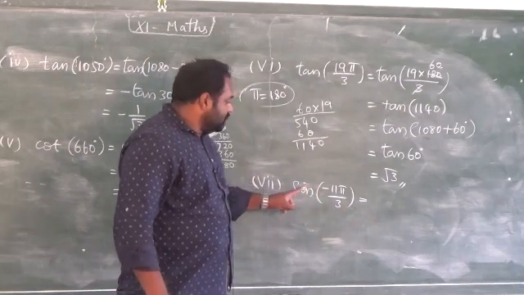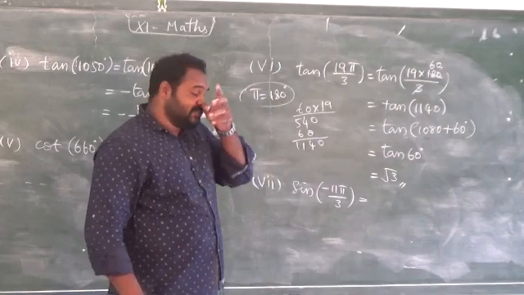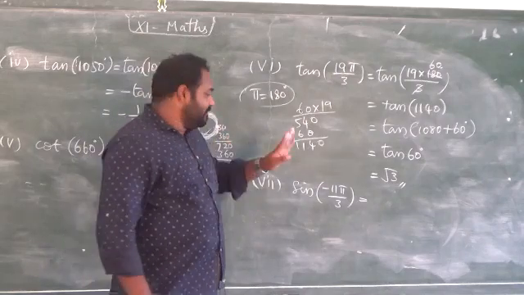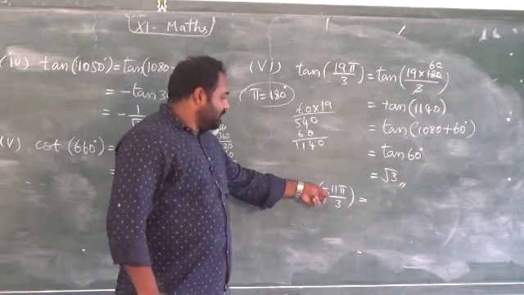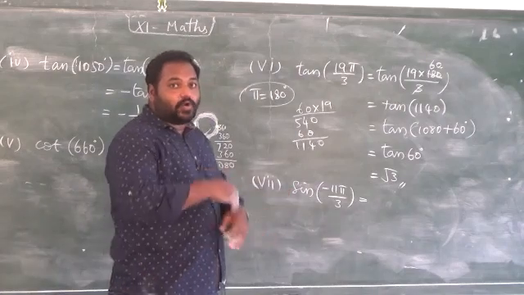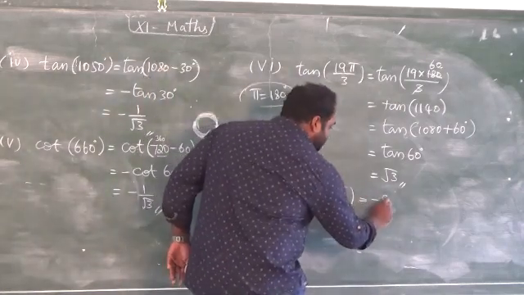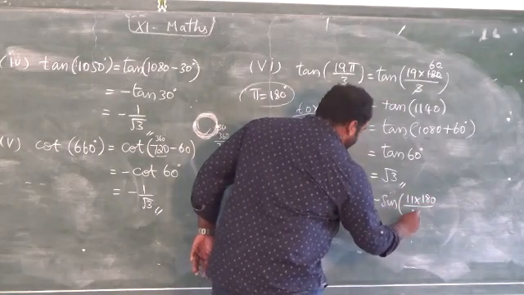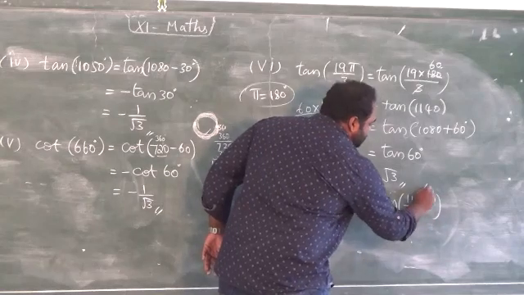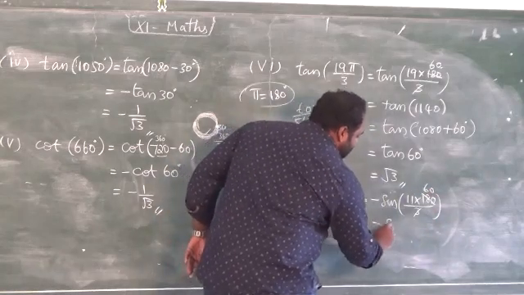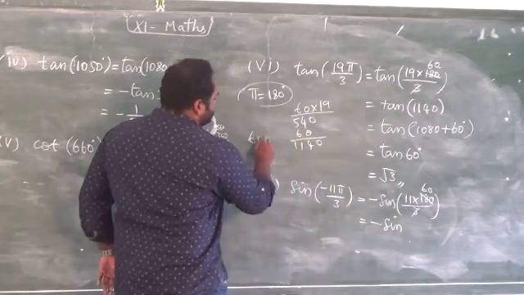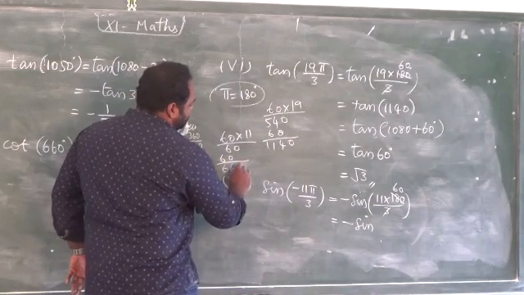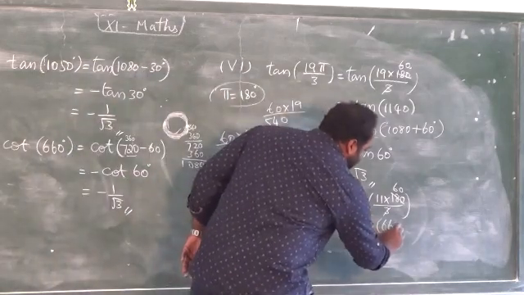When you have odd functions, which are sine, tan, cosecant and cot, only for these four functions we can bring this minus sign outside, and the whole function becomes negative. So minus sine 11 into, instead of pi I can write 180 by 3, which is 60. So minus sine of 60 into 11, which is 660 degree.